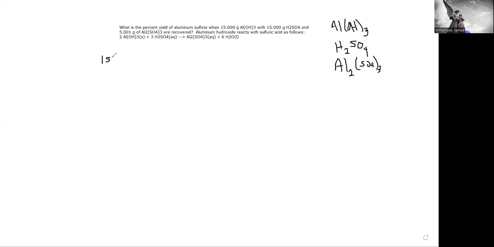So if I have here 15 grams of Al(OH)3 times 1 mole of that, and that happens to weigh 78.003 grams, times 1 mole of the Al(OH)3, right, per... I think I made a mistake there. 2 moles.